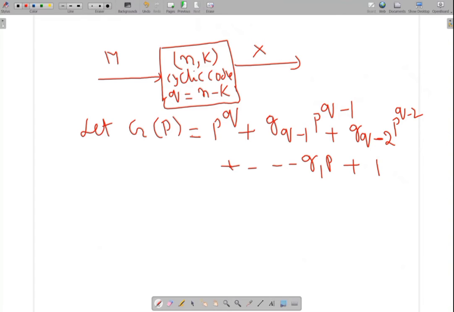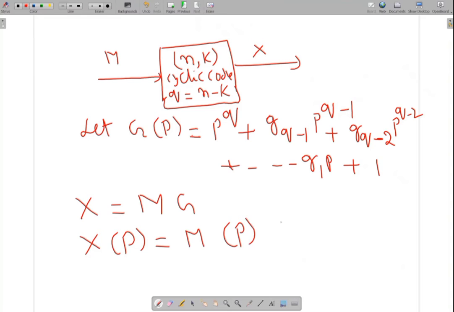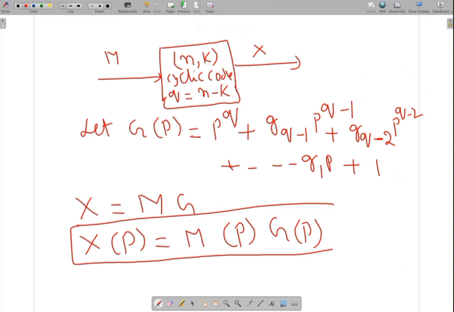This is the generator polynomial. How will we get the x value? X is equal to m into g. In polynomial representation, x of p is equal to m of p into g of p. This is the non-systematic form of generation of code vectors.